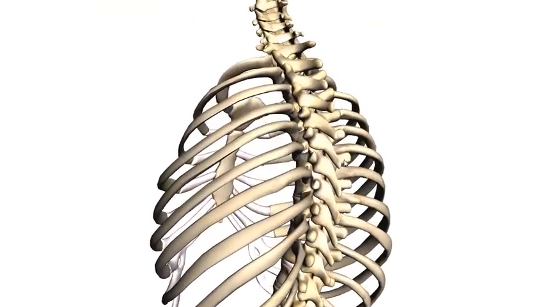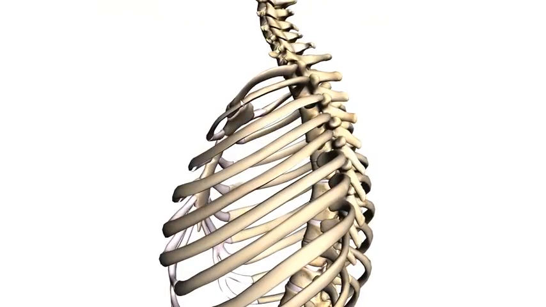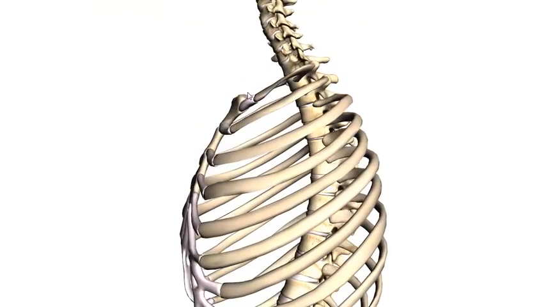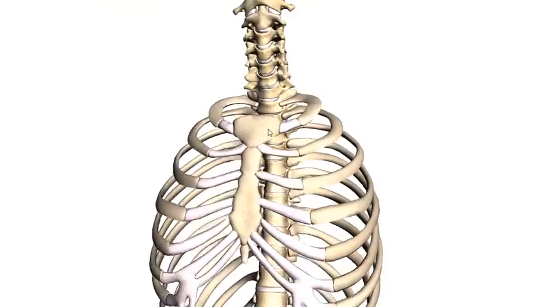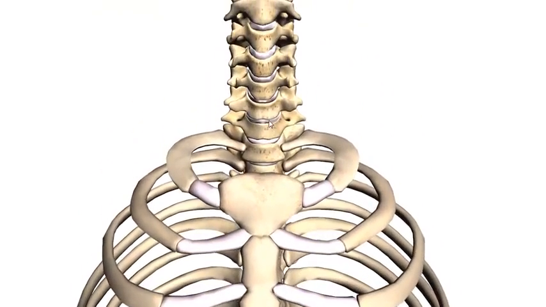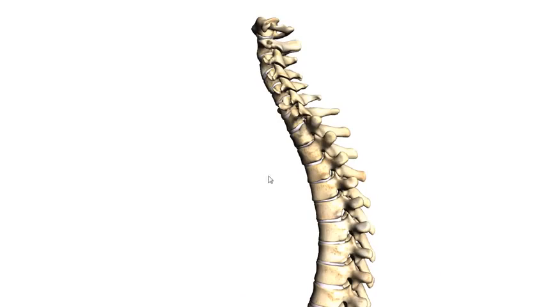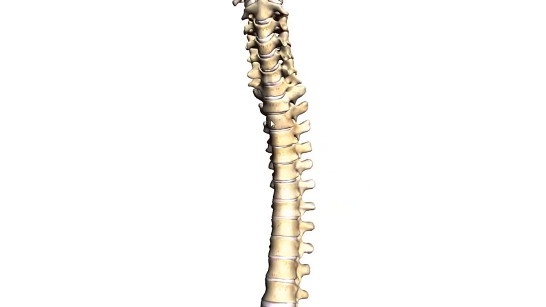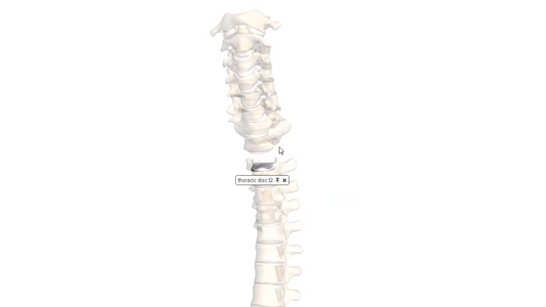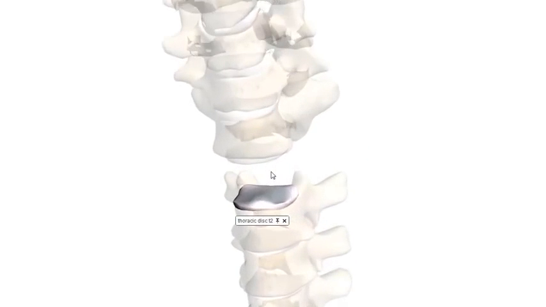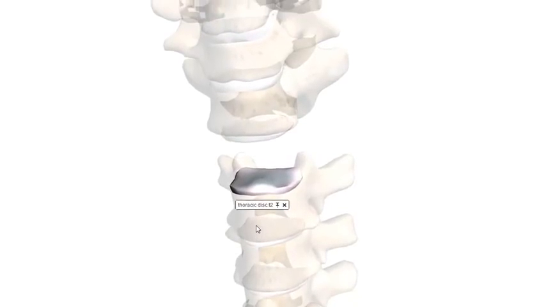So in between each vertebra you've got an intervertebral disc, and the function of the intervertebral disc is really to absorb shock. So I'll just take a look at one of those a bit closer. Here you can just zoom in a bit. This is an intervertebral disc.